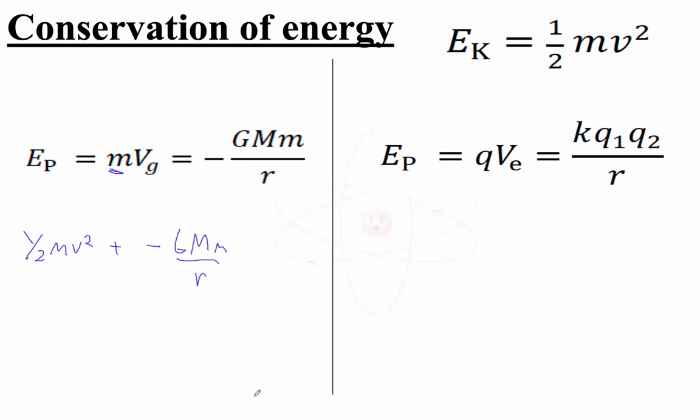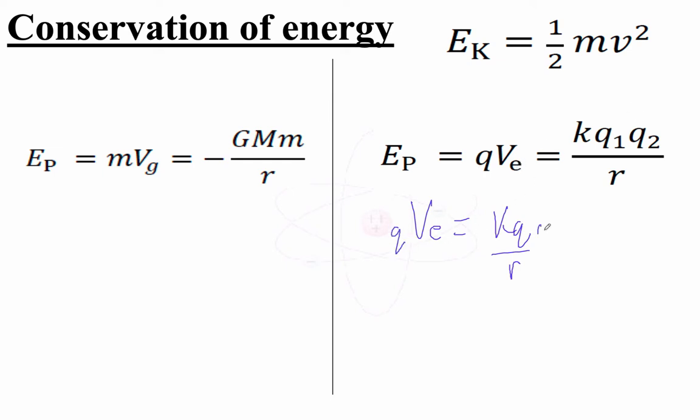Let's take a look at the electrical side here. We have the equivalent formula, and it comes from the electric potential, which is kq over r. And then remember that the potential energy is just Q times the electric potential. So if you multiply both of these by Q, then you get the actual potential energy in joules.